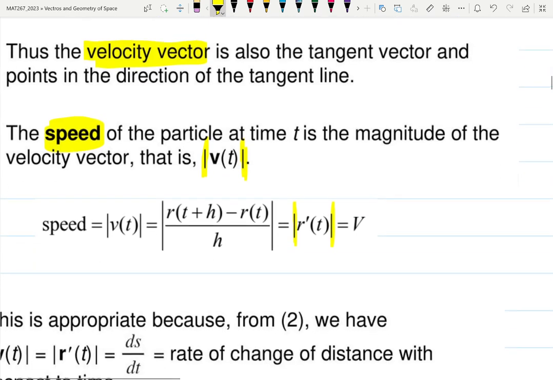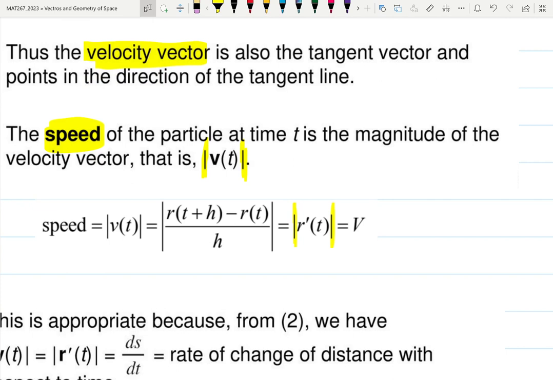If they ask you to find the velocity vector, the word vector gives you a hint: you find r prime. If they ask for speed, speed is 50 miles per hour. It's not a vector. It doesn't have direction. That is the size of the velocity vector.